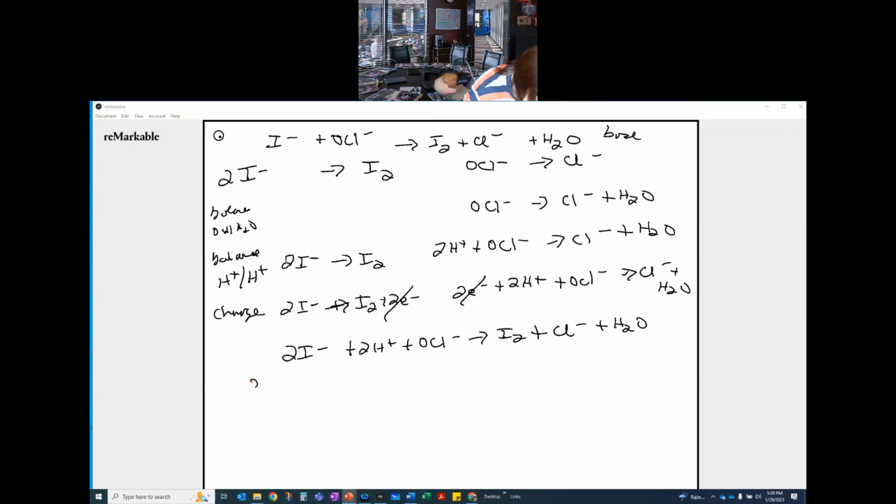So I have 2I minus plus 2OH minus plus 2H plus OCl minus goes to I2 plus Cl minus plus H2O plus OH minus. Now, these two become 2H2O, and I have an H2O here, so this becomes 1 H2O here, and I cancel that.